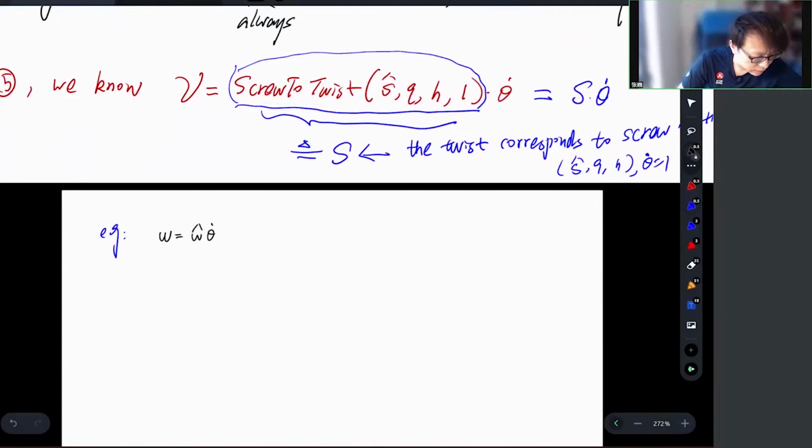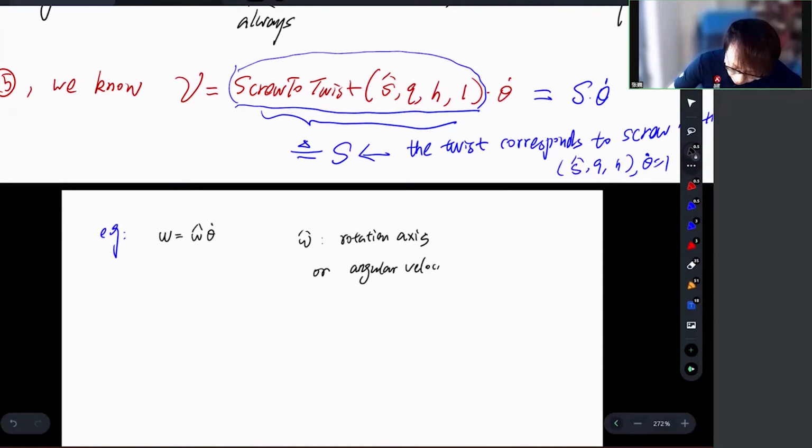This omega hat has two meanings. It tells you the rotation axis, the direction, but it can also be viewed as the angular velocity when it rotates about the axis at unit speed, theta dot equal to 1.